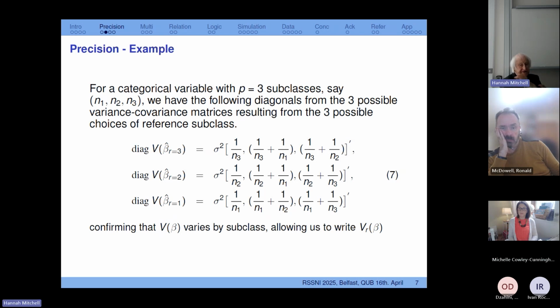And you can see immediately that these do vary with the reference subclass, a particular reference subclass choice. And if you look carefully at the pattern, you will see how to minimize that, that is, how to make this diagonal as small as possible.